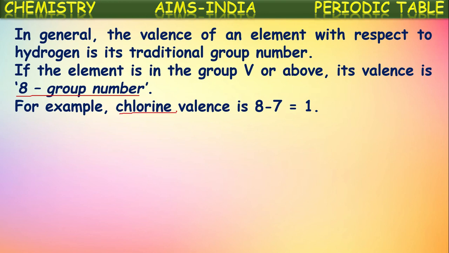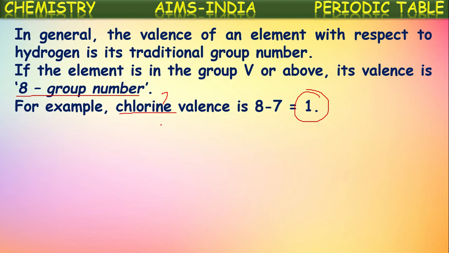We know chlorine belongs to the 7th group, isn't it? So 8 minus the group number of chlorine, which is 7, we get 1. So the valency of chlorine is 1. In this way, for the elements in groups 1 to 4, the group number is directly considered as their maximum valency.